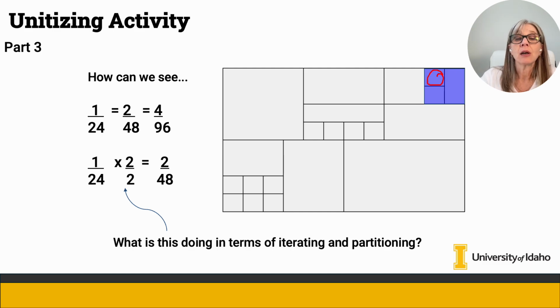The blue area is also 4/96. Again, we've doubled the number of units it takes to fill the whole area, so we need twice as many to represent the same fractional amount. Eventually, we connect this idea of equivalence to multiplying by an equivalent of 1. But initially, we can connect conceptually to iterating and partitioning.